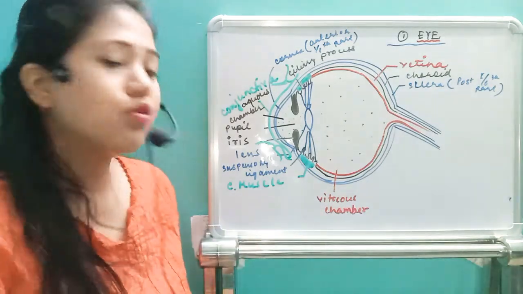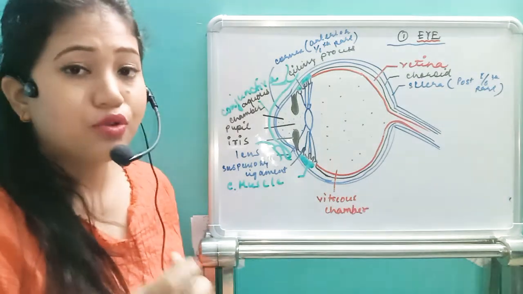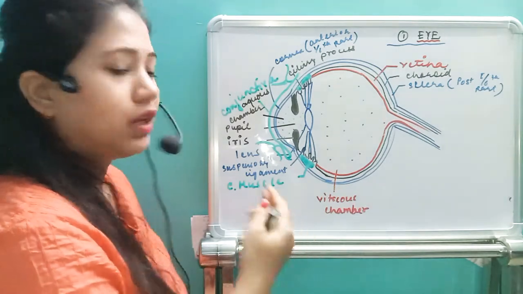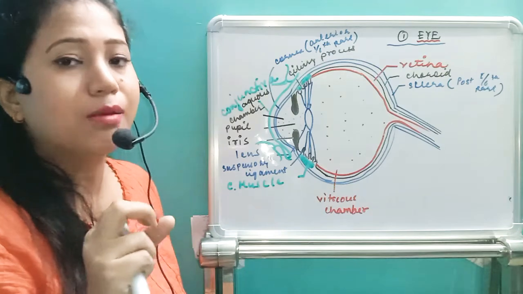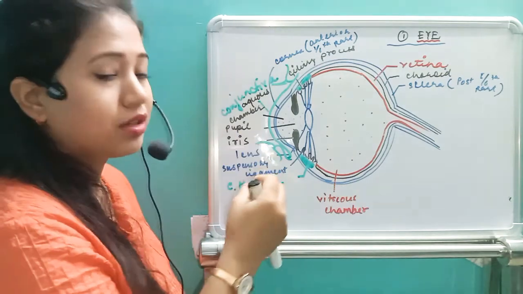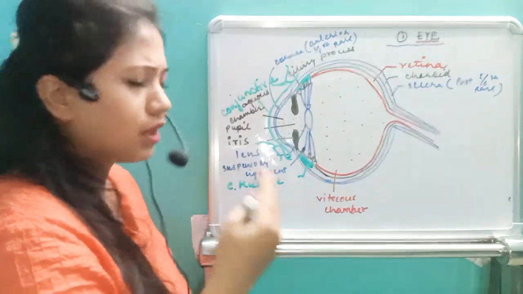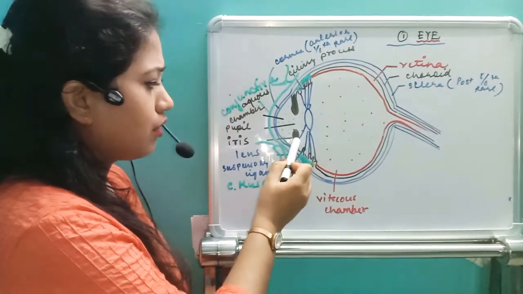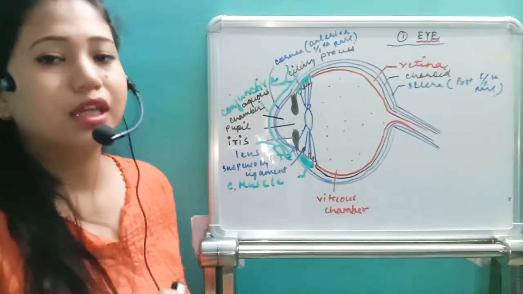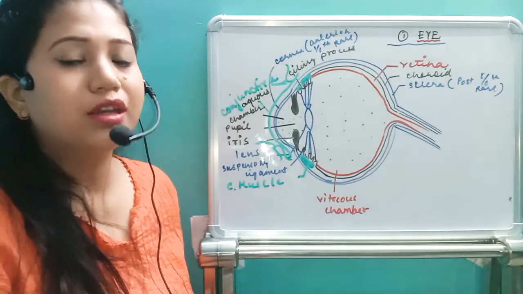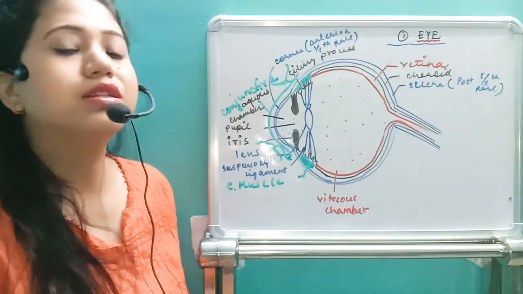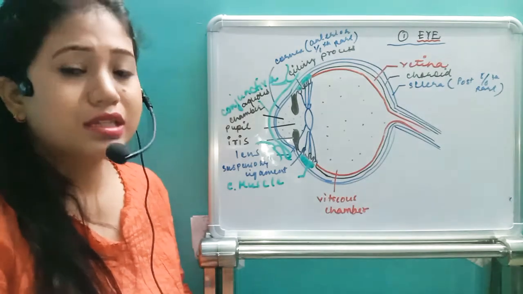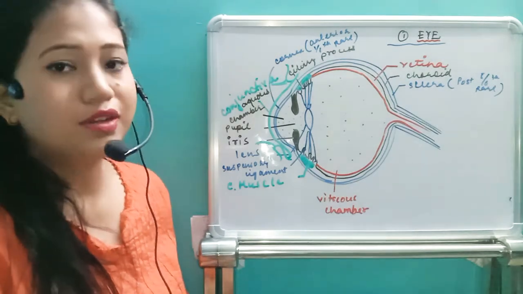Now this aqueous humor gives nourishment and a moist environment to the lens, iris, cornea, everything. So the aqueous humor is produced every 24 hours.